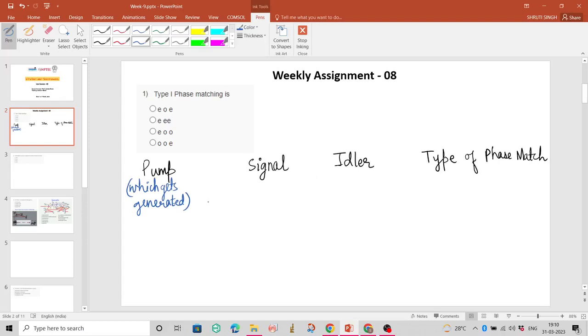If the pump is E, and the signal and idler are O and O, where O is the ordinary ray and E is the extraordinary ray, this classification is dependent on the polarization.